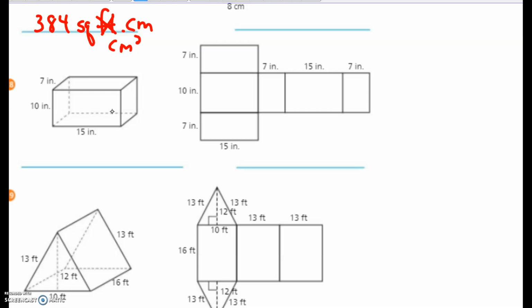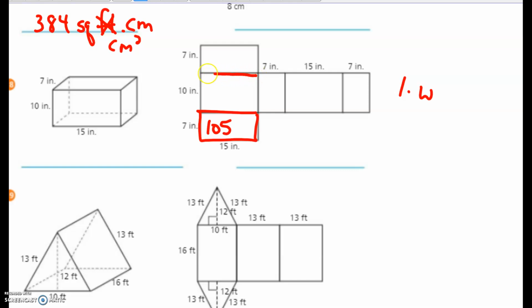So first thing I want you to do is grab your calculator, and we'll do this face first. Remember, length times width. So do 7 times 15 on your calculator, and it would be 105. And that would be square inches. I'm just going to leave the unit off.